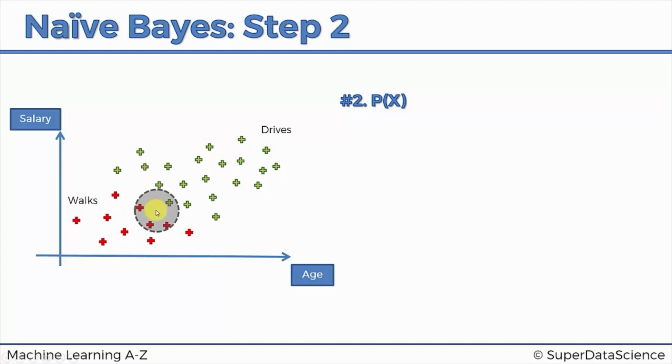The point we're adding, we've just removed it, it's over there. We've agreed that any dot inside the circle is deemed to be similar to that dot, in other words, exhibiting similar features, so similar age and similar salary. And therefore, that's what we're calculating.